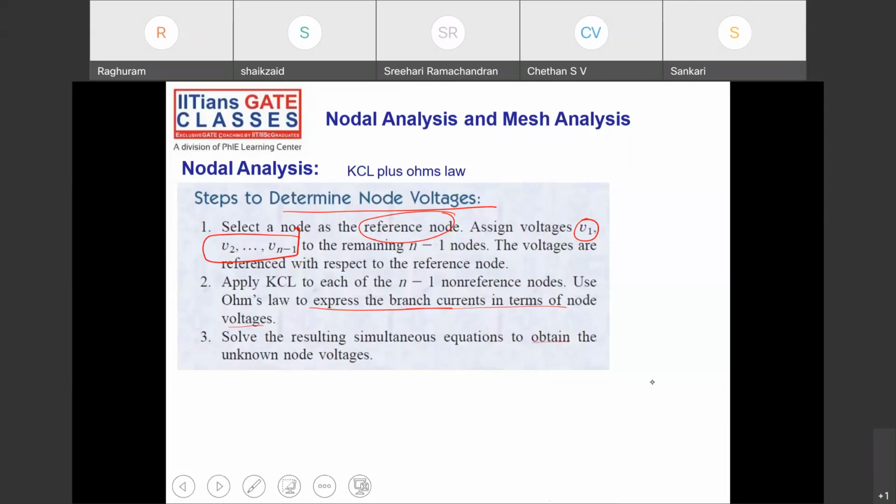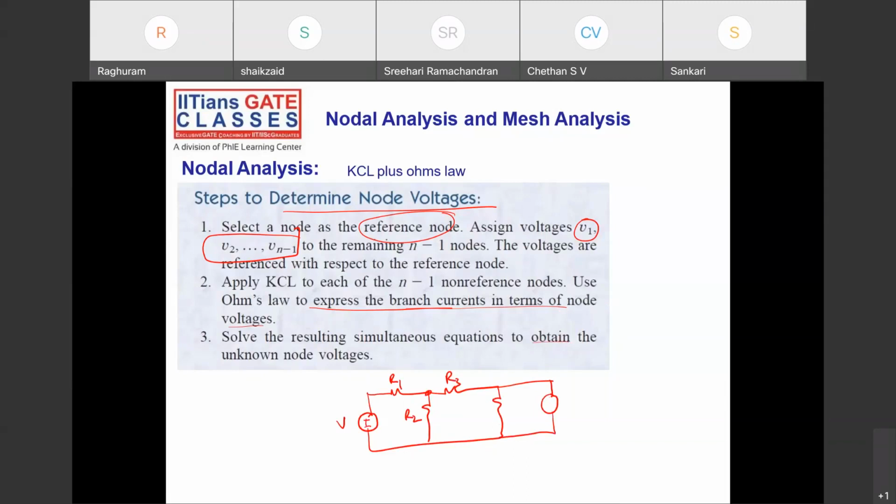For example, this is V, R1, R2, R3, and again I'll have a resistor here, V2, again R4 and R5.